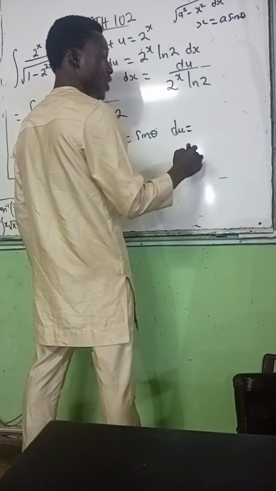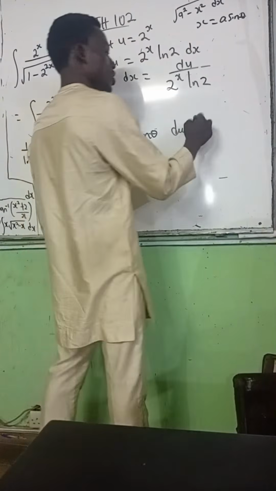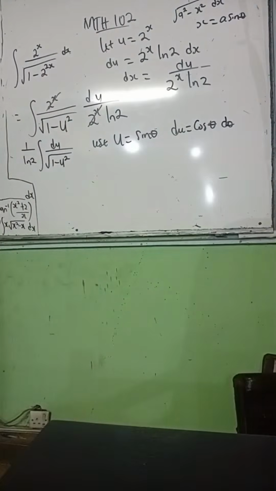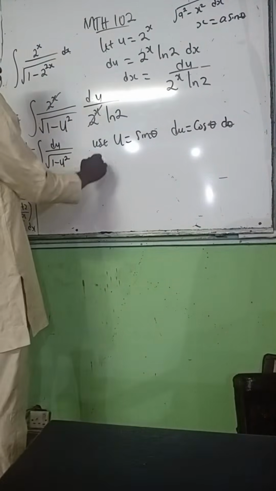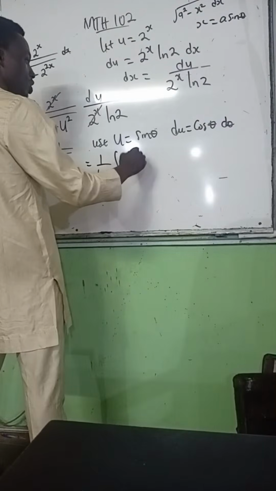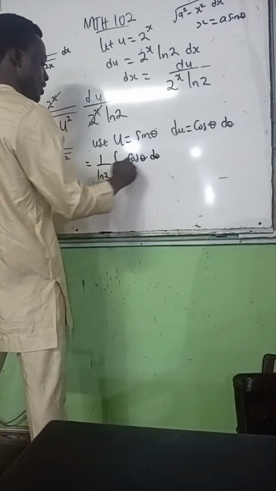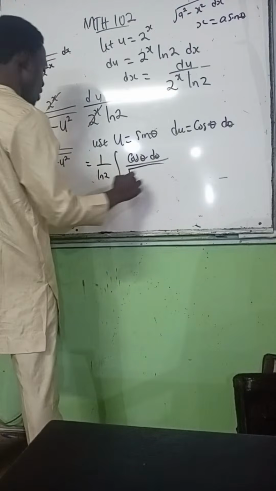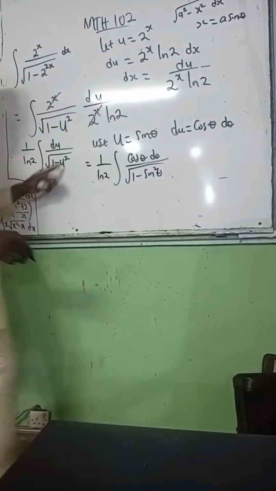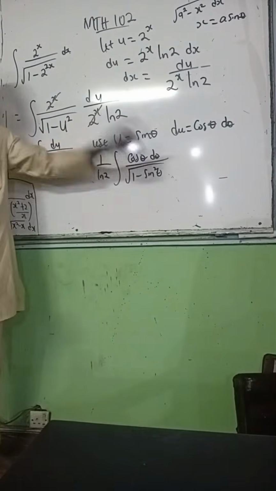So if u equals sine theta, that means du will give us cos theta d theta, right? So here we have 1 over ln 2 integral of cos theta d theta divided by square root of 1 minus sine square theta, since u is sine theta, u square will be sine square theta.